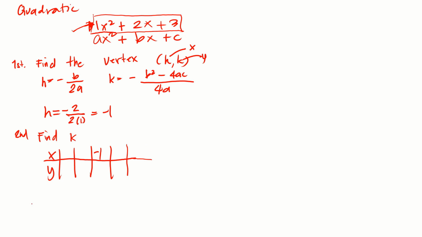So substituting into the equation, f of -1 is equal to negative -1 squared plus 2 times -1 plus 3, which will give us 1 plus -2 plus 3, which is 2.